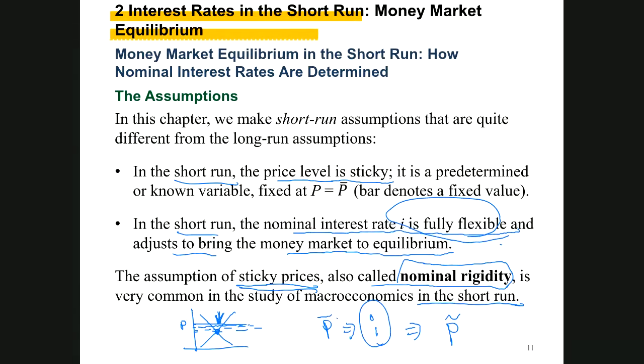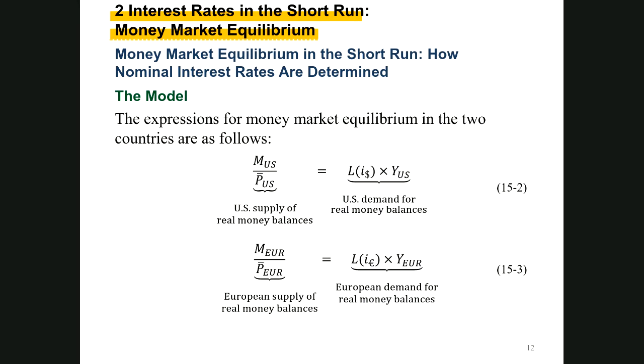So if we apply it to the previous chapter, this is the monetary equilibrium, right? Once again, the left-hand side is the supply of real money balances, and the right-hand side is the demand for money, right?